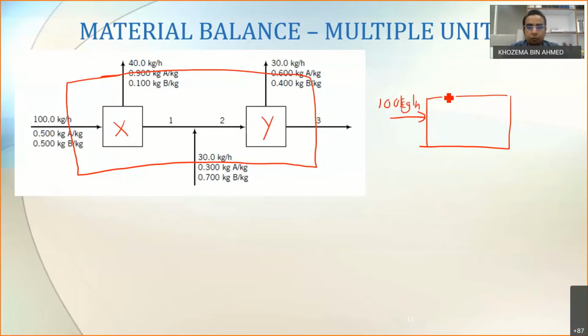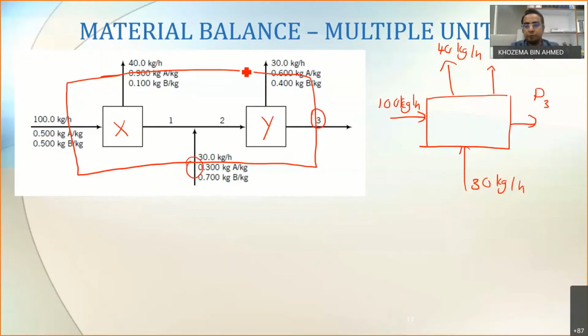And then I have one leaving, which is my 40 kg per hour. And then I have another one leaving, which is my 30 kg per hour. I have my stream 3, which is this one, leaving. So this is my P3. And then I have one coming in here, which is this 30.